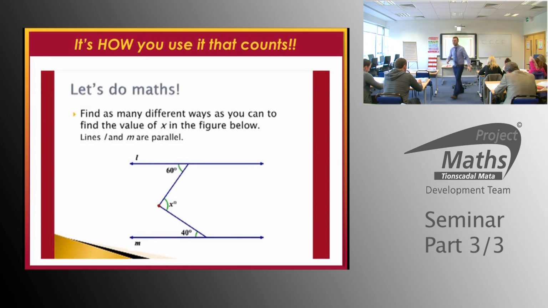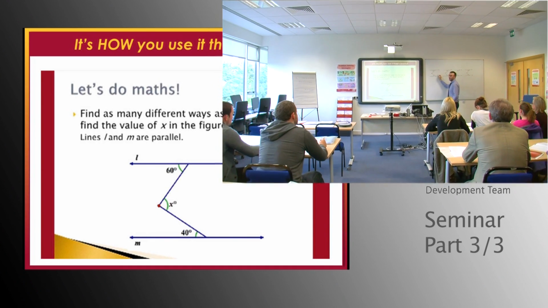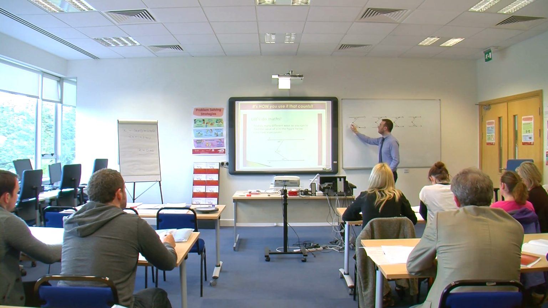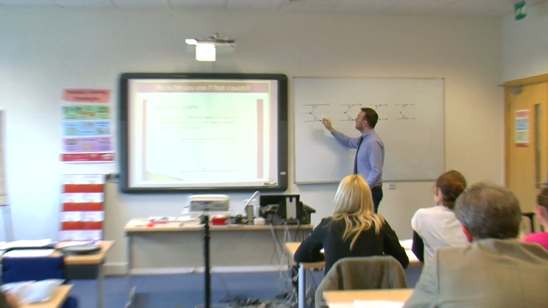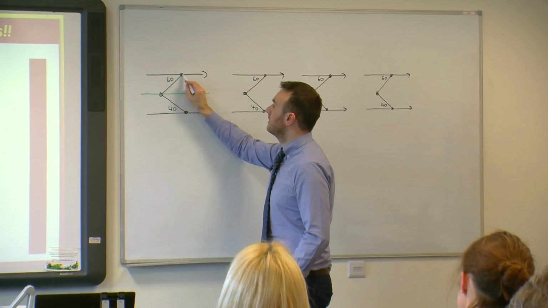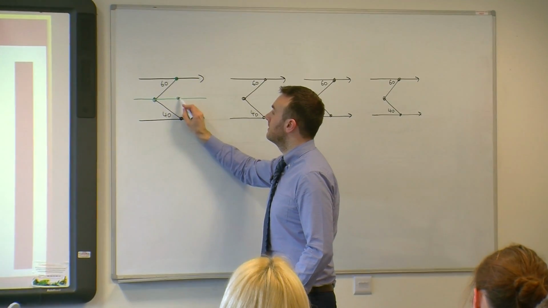Has anyone got a method? Sean? Okay, how? Right, so a line parallel here, is it? Or, oh sorry, this way, is it? I go parallel to the other. Okay. Take the right hand side of the top line. Draw a vertical line coming from the top down. Gives me a right angle there.